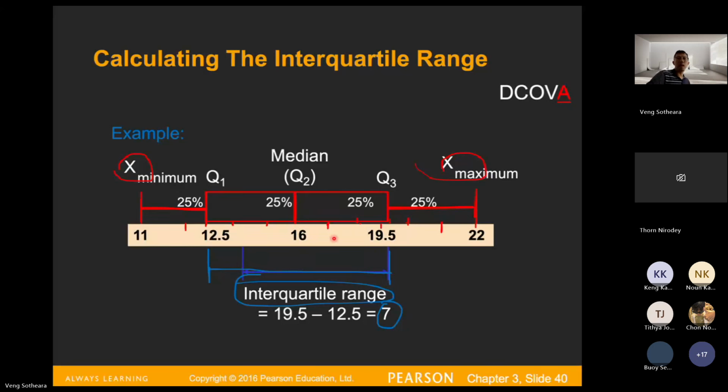Symmetric, yes, because the sizes of these rooms are quite similar. I would say that's the same, right? Because 12.5 to 16 and 16 to 19.5, just 3.5 different. Okay? The size of each room is 3.5. So same spreadness.